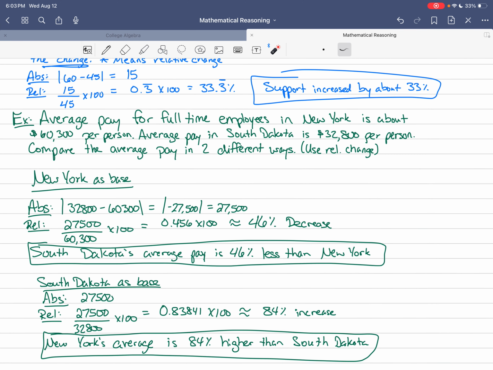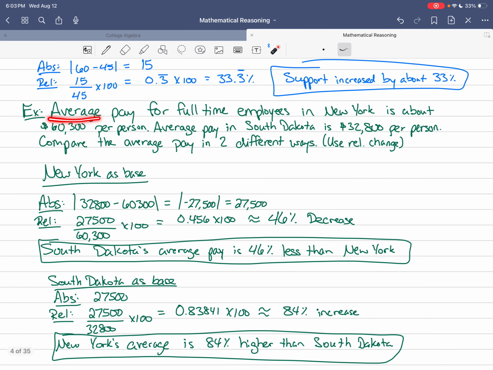Last example here. Average pay for full-time employees in New York is about $60,300 per person. Average pay in South Dakota is $32,800 per person. Compare the average pay in two different ways. So we're going to use the relative change.